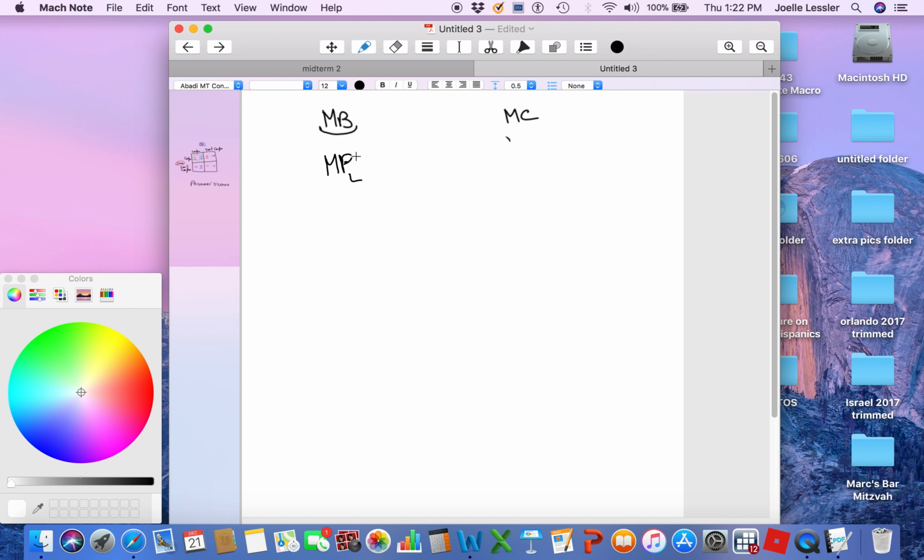Now, let's say the worker can produce 2 baskets. I have to value that in dollars, so I have to multiply that by the value of each basket to get the value of marginal product of labor. That's my marginal benefit of hiring one more worker. One more worker brings me this much value, which is the marginal product of labor, how many baskets, times the value of each basket.